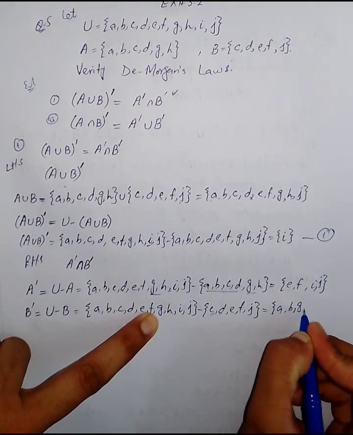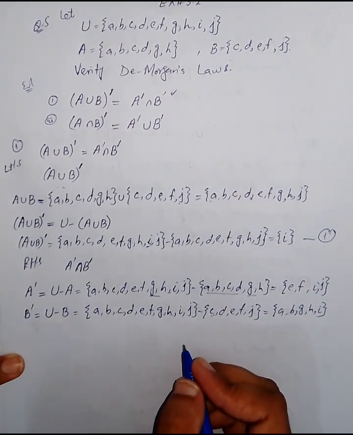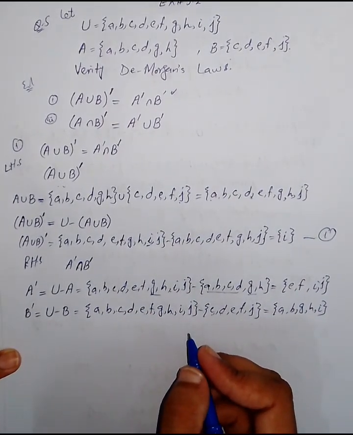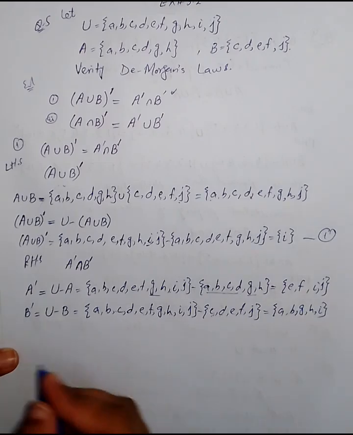G, H, I. J will be cancelled out. In the complement of any set, we write the elements of set U that don't lie in that set, whose complement is to be taken.